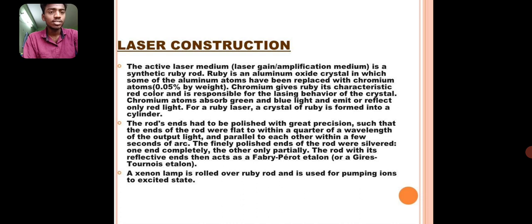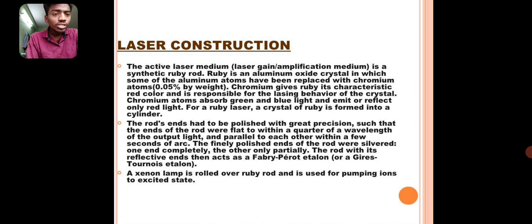For a ruby laser, a crystal of ruby is formed into a cylinder. The rod's ends had to be polished with great precision, such that the ends of the rod were flat to within a quarter of a wavelength of the output light and parallel to each other within a few seconds of arc.